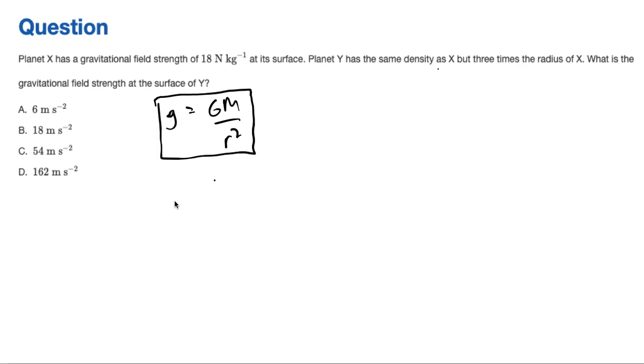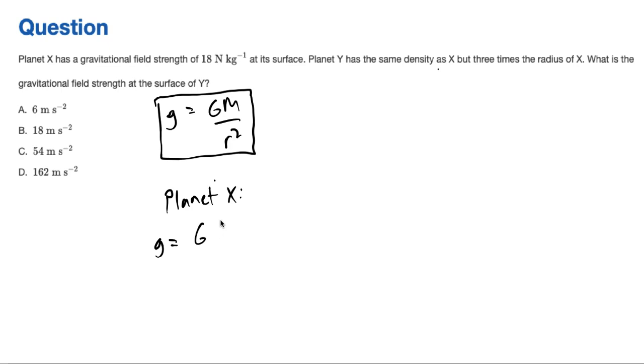Let's write a base formula for the gravitational field strength at the planet X surface. So planet X, the field strength can be, let's say g, the gravitational constant G, and the mass, and notice there's no mass given here. They're talking about density. Whenever you need density in terms of a mass, we use the formula volume times density is mass, and that's what we need to use in this case because we need to write the equation in terms of density as that's what's given.